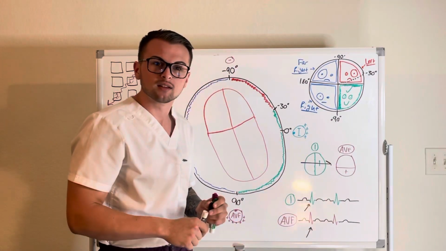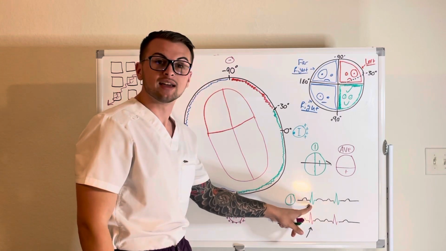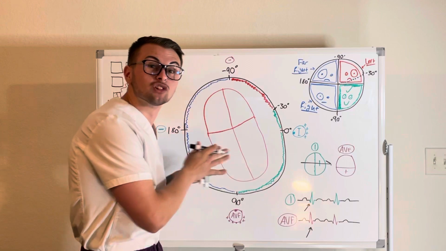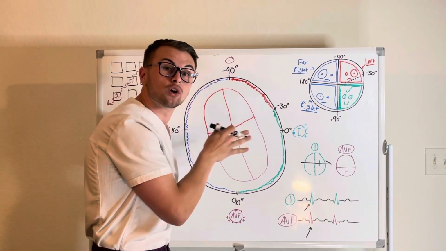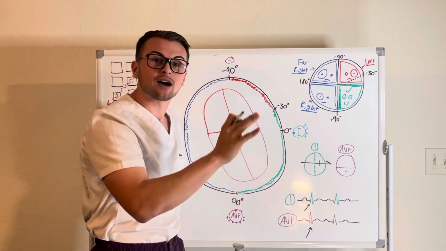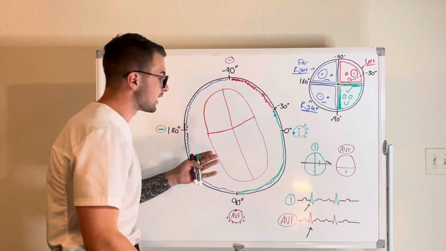Is this correct? Because most of the QRS complex in lead 1 is positive, then most of the ventricular electrical activity must be pointing leftward toward the positive end of lead 1. Okay, so now that we know if our lead 1 is mostly positive, it must be headed leftward.